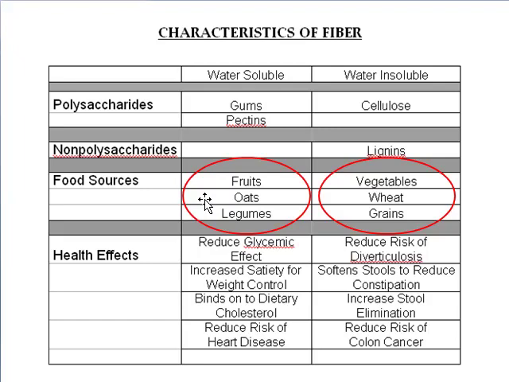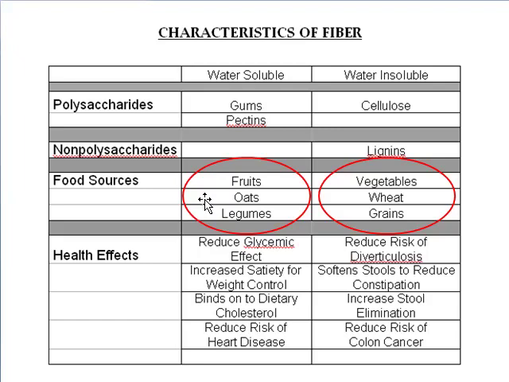So anytime you see those foods, we're going to consider those water soluble. And then vegetables, wheat grains, whole wheat bread, those kinds of things would be insoluble. The other grains would be like rice, rye, anything else that would be in the grain family. So you're going to be looking for those.